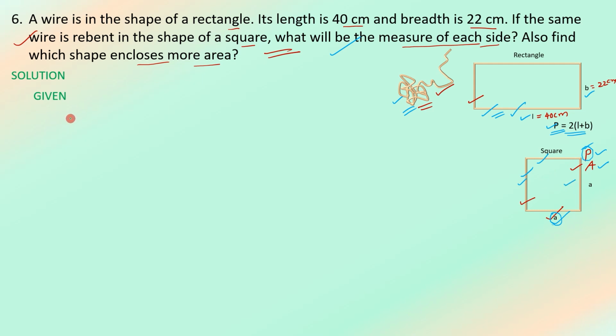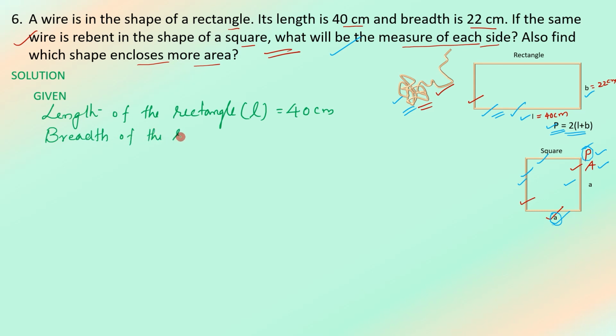Now let us solve. Given, length of the rectangle equal to 40 centimeter, breadth of the rectangle equal to 22 centimeter.